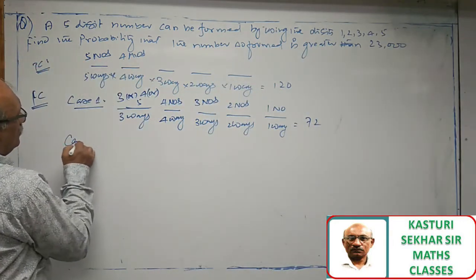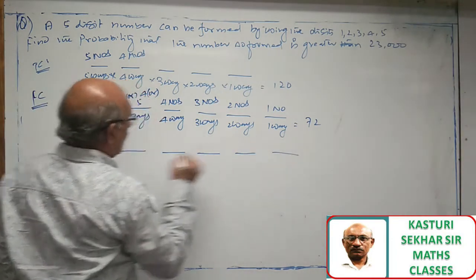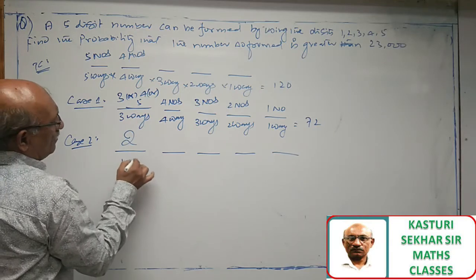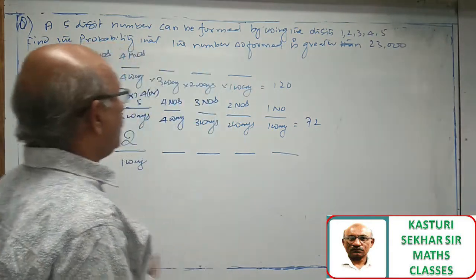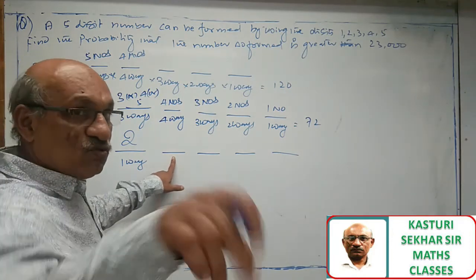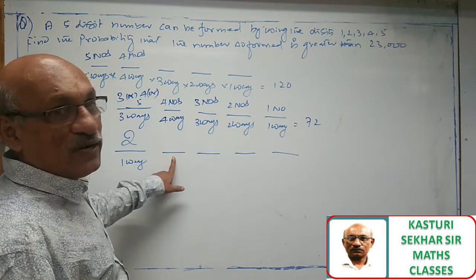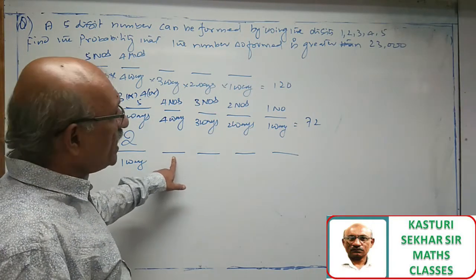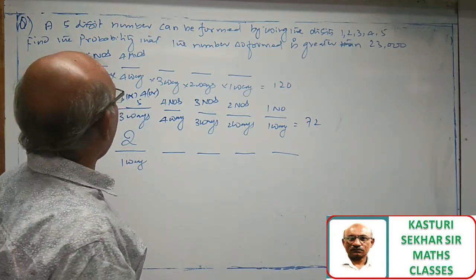Now case 2. Let us see 23,000. So this place can be filled in 1 way with 2. Now let us go to this. Here 1 is ruled out, sir. If I have 1, it is 21,000 series. So 21,000 is not greater than 23,000. So 1 is ruled out here. 2 already used, it is without repetition.